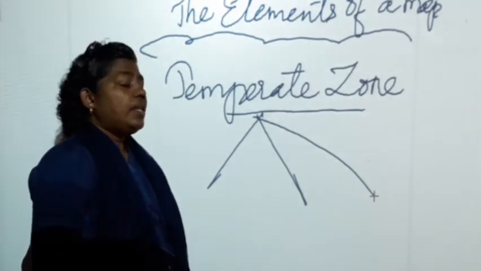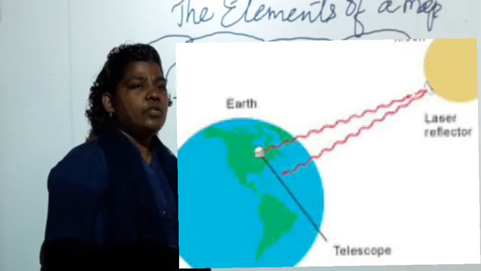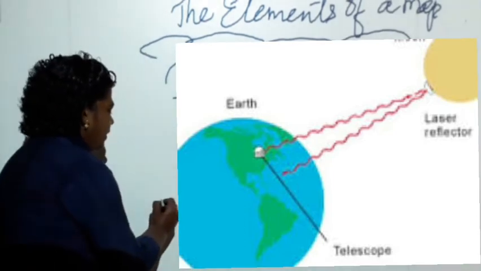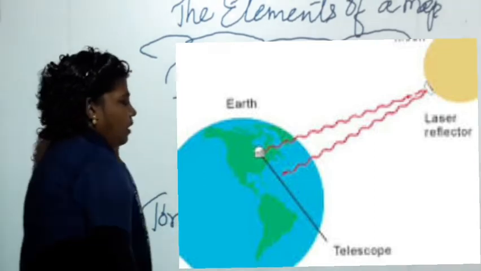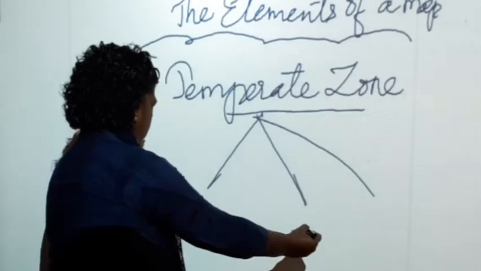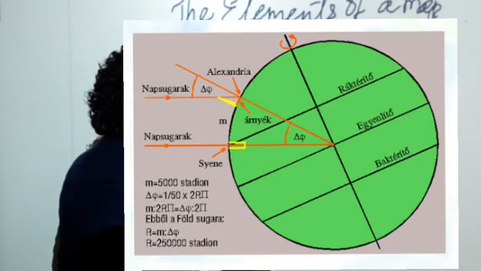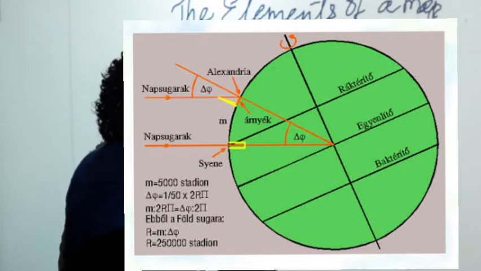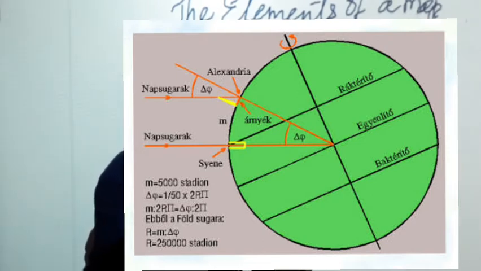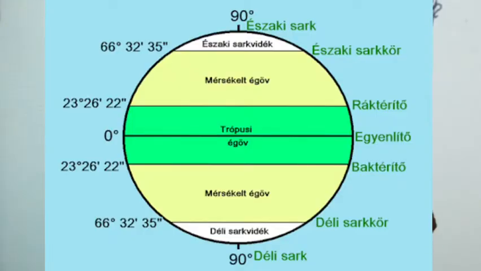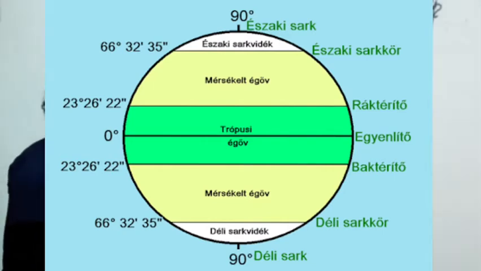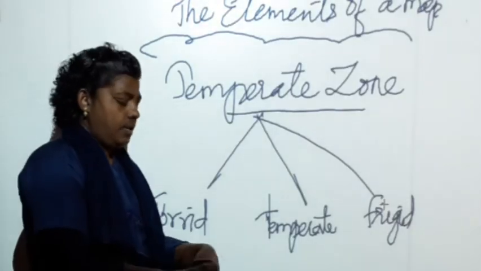The 3 important temperate zones are, first one is the torrid zone, and the second one is temperate zone, and the last one is frigid zone. These are 3 important heat zones of the earth.